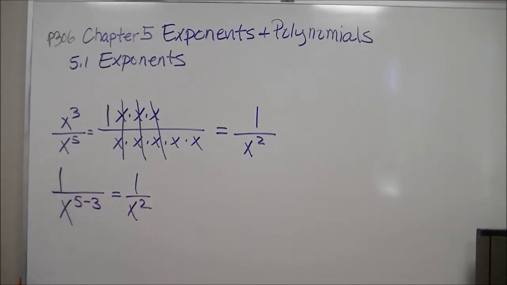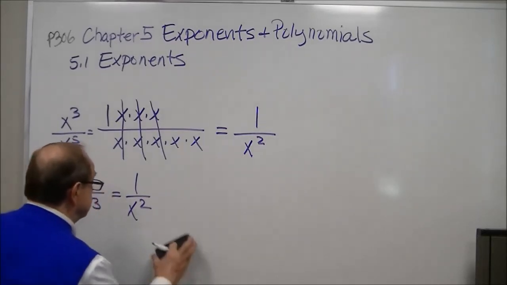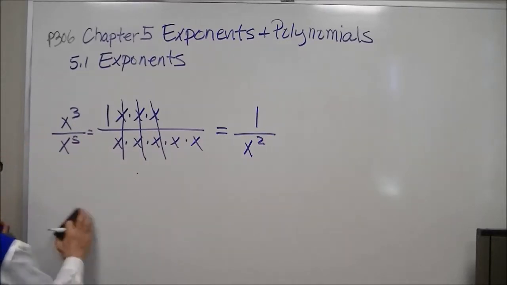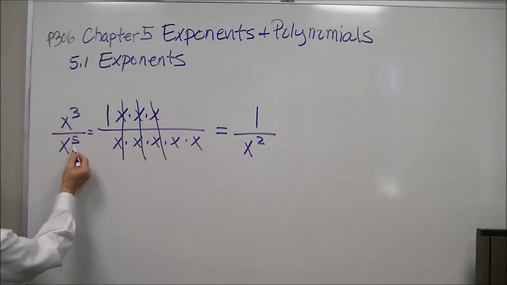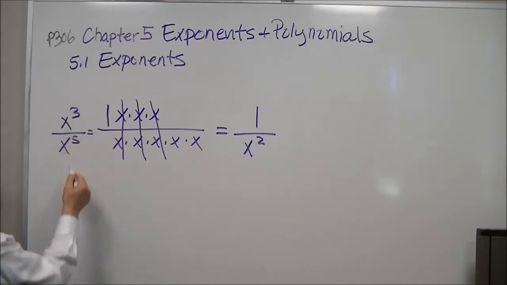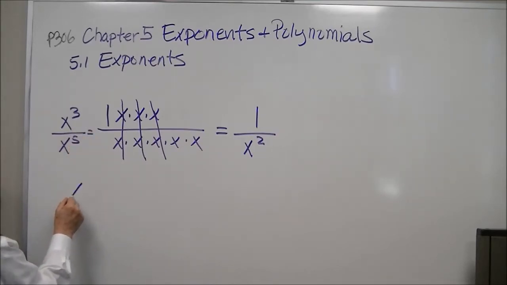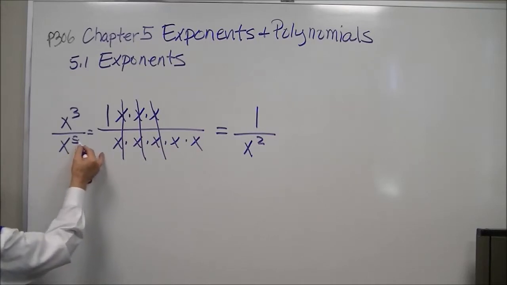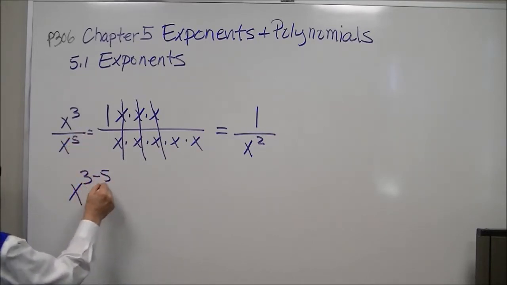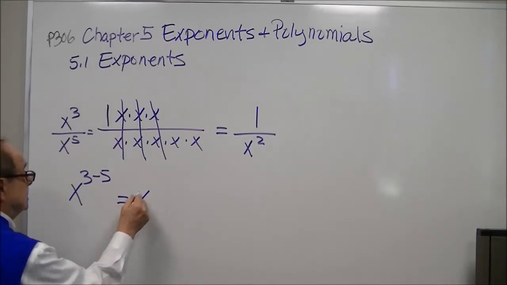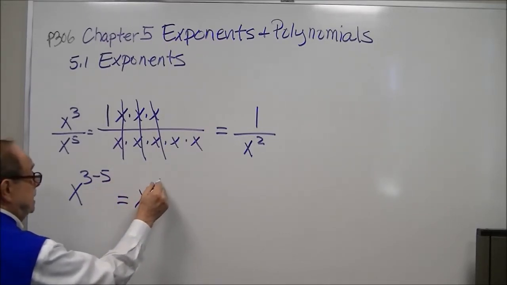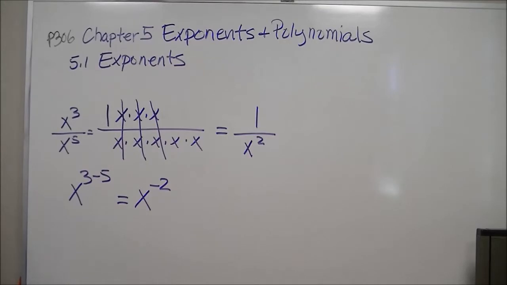And that's what we're showing here. But let's watch something here. Suppose we did this the other way, and we brought the larger exponent up. That would then become x to the 3rd. As this goes up, it became a negative 5. So this now becomes x to the negative 2.